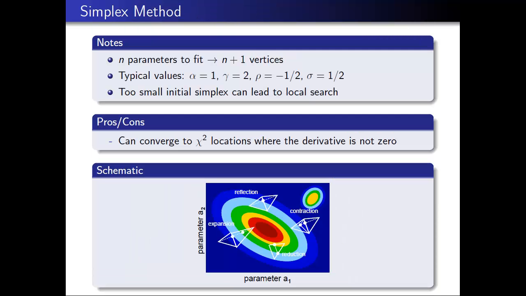This is just a schematic I drew so you can see the problem. This vertex has the highest chi-squared. You look at the centroid here, you flip that triangle over, and now you have a vertex over here.